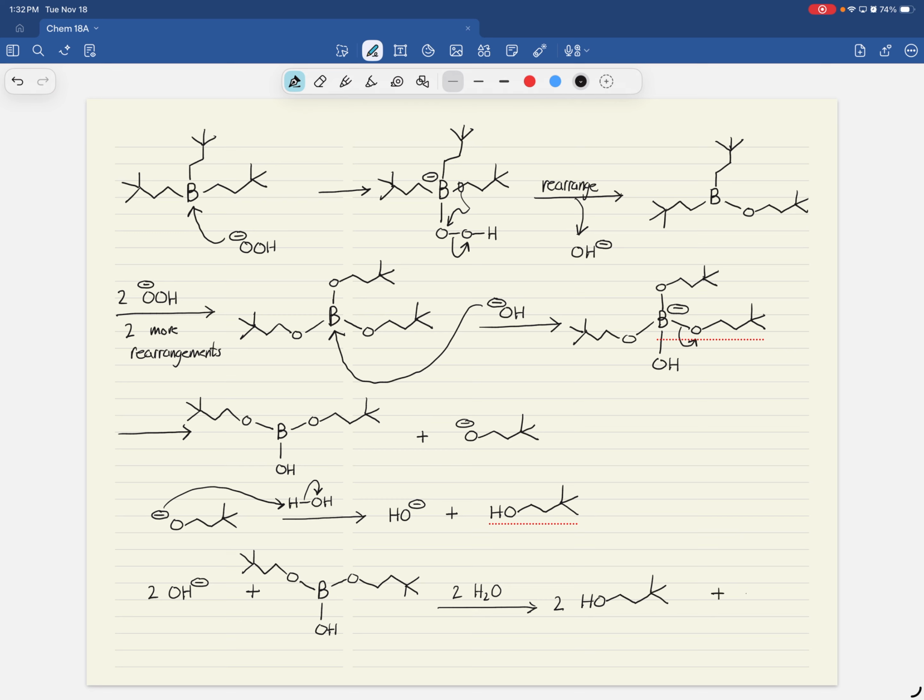And so this is called boric acid. All right. Well, boric acid is somewhat acidic, so it doesn't stop there. So what happens here is that, let's see if I have some room here. Okay.